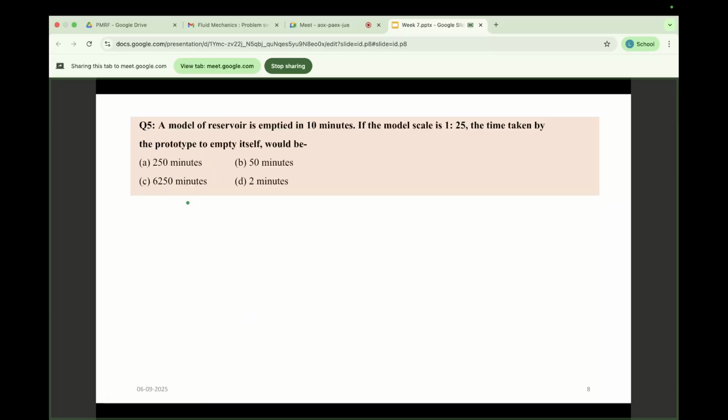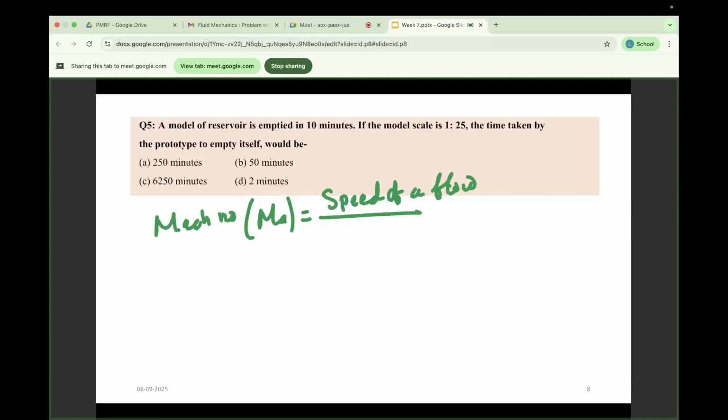Next is the Mach number. So Mach number is represented by Ma. So it is basically the speed of the flow, any flow, whether water is flowing or air is flowing, normal speed of flow by speed of sound.